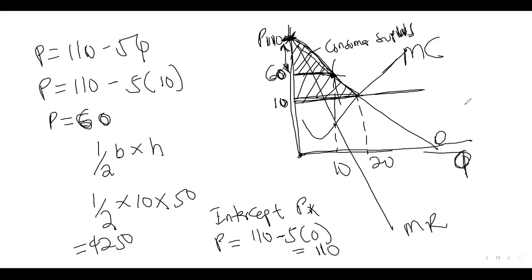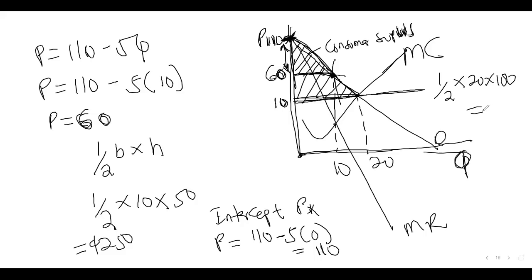It is half of the base times the height. The base is from 0 to 20, so half of the base, which is 20. And then the height will be the difference between 110 and 10, so that will be 100.